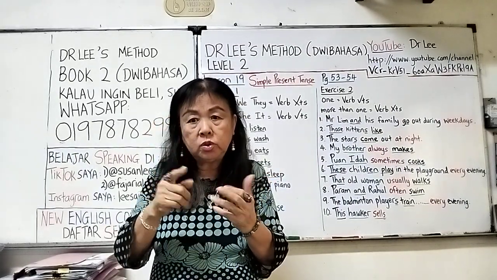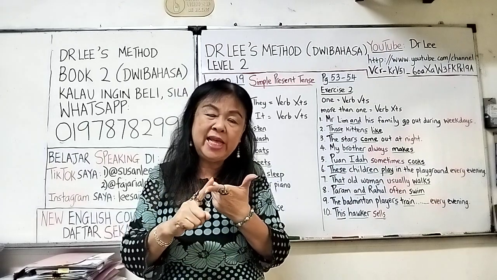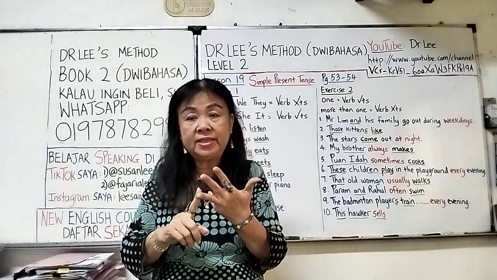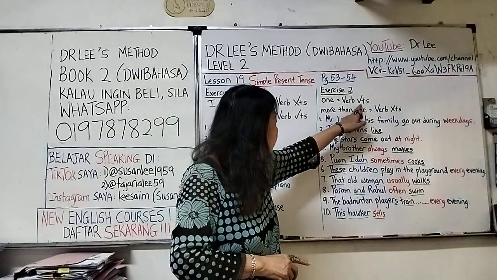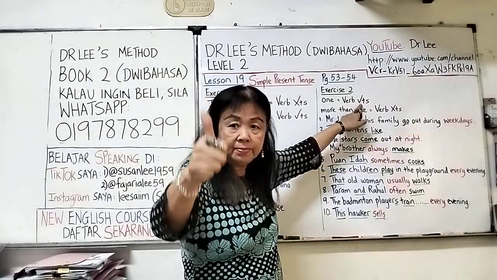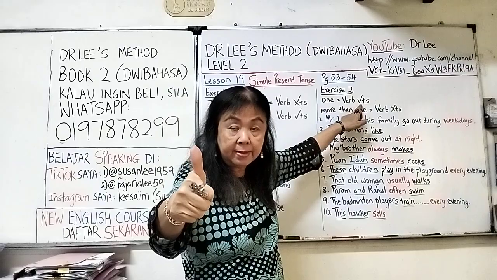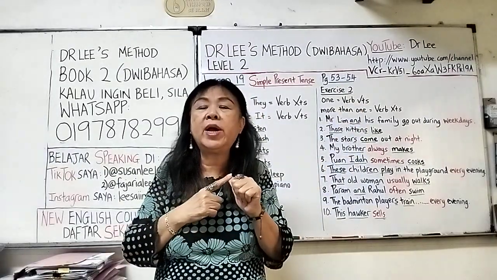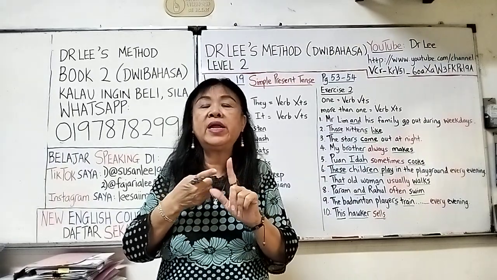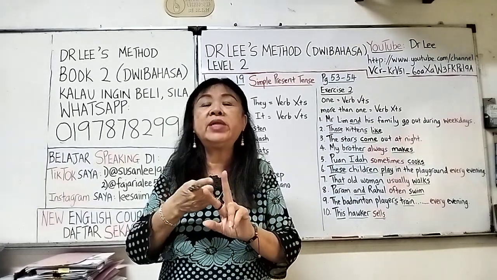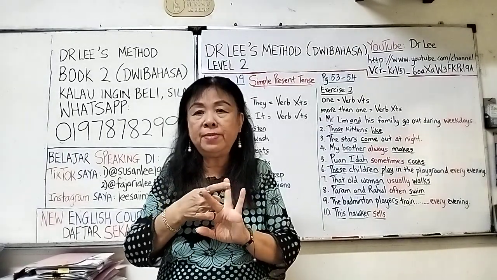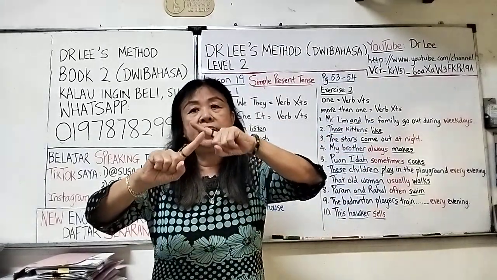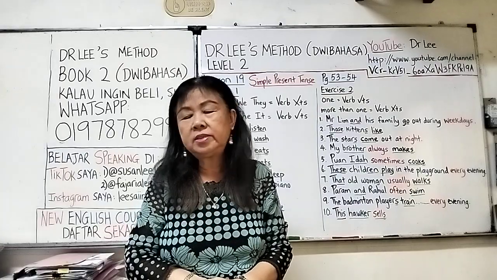So when I use one animal, one thing, one place, one person, the verb we must put s. But if I am talking about more than one person, more than one animal, more than one thing, more than one place, the verb cannot put s.